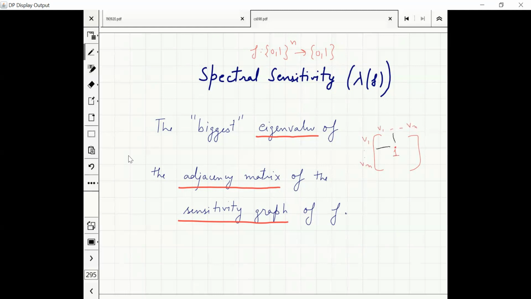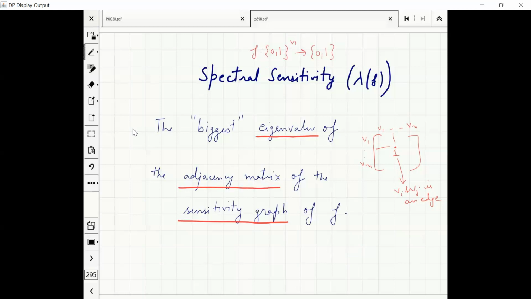It's a 0-1 matrix, and you have 1 if there's an edge between the two nodes, Vi and Vj. So can I assume that each of you knows what an adjacency matrix is?